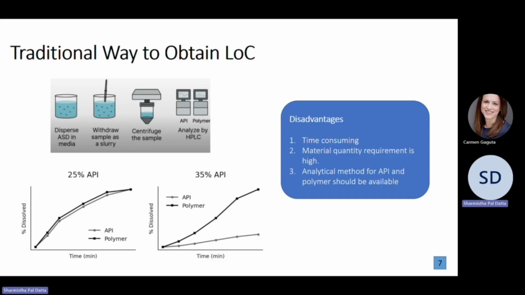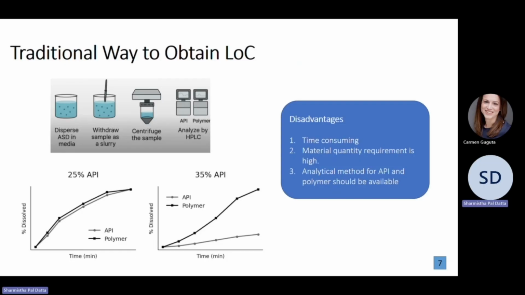The way the data is analyzed is that for these different timed intervals, the concentration of the API and the polymer are plotted together. When this is plotted for the different ASD compositions, there is a particular composition or range of composition where we start to see a drastic change from proportional dissolution of the API and polymer to disproportionate dissolution of the API and polymer.